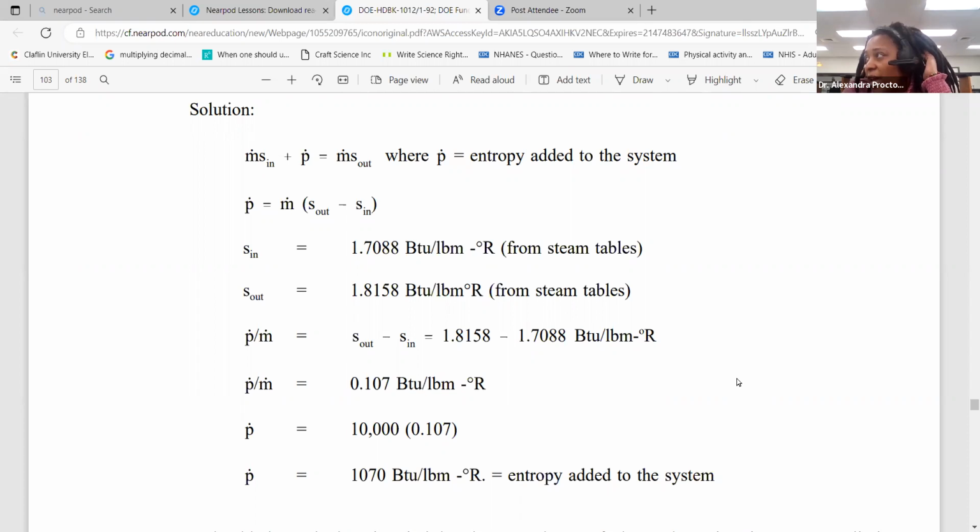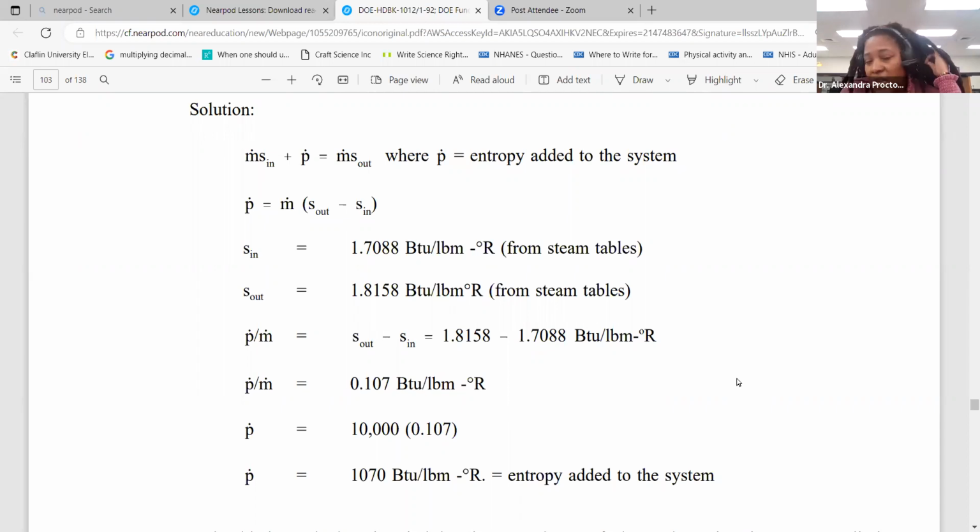So they also added in this P to represent entropy added to the system. So P is equal to m times (s_out minus s_in). s_in is 1.708 BTU per pound mass degree Rankine from the steam tables. So this value was actually looked up.